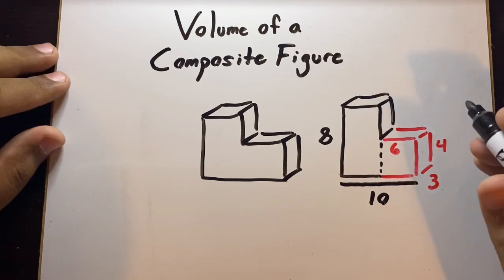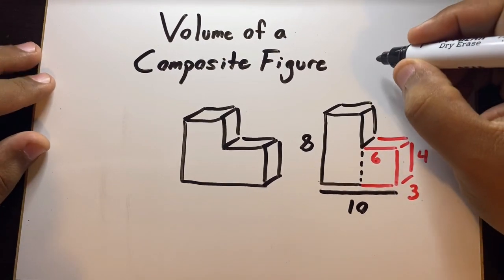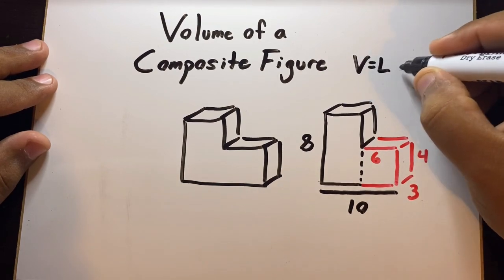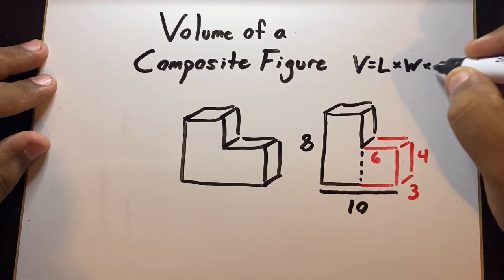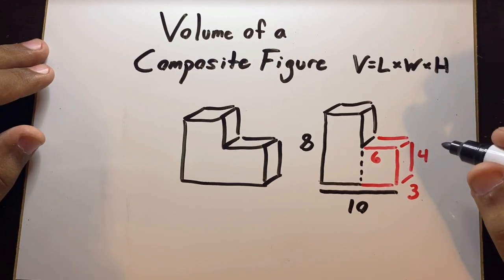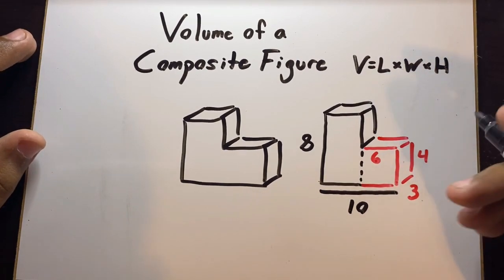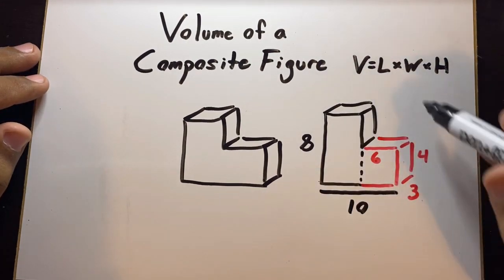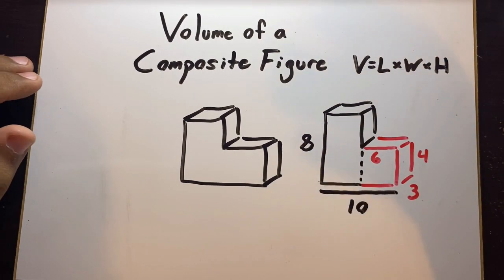So let's see if we remember the volume formula. We all know in the last video, the volume formula is V equals length times width times height. Now, you cannot multiply all these numbers together to get the volume of this shape. It will not work. You will get a large number that will not make sense.